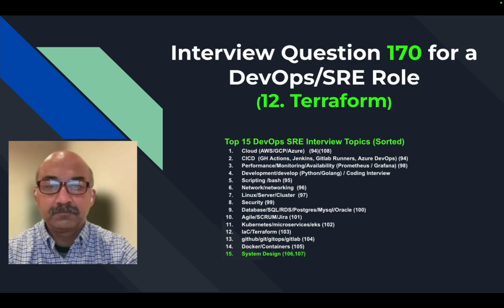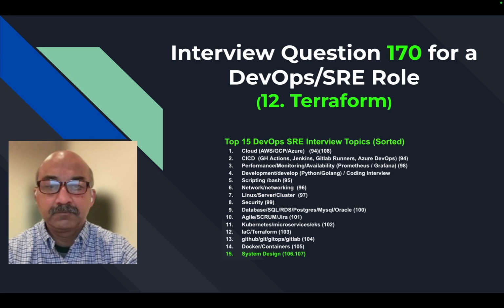Okay, so as you might know, I did research based on LinkedIn jobs, and I came up with 15 top topics for DevOps and SRE interviews based on keywords in the job descriptions. The ones you see at the top, like cloud, AWS, CI/CD, and GitHub performance, are more important than the ones at the bottom, like containers and system design.